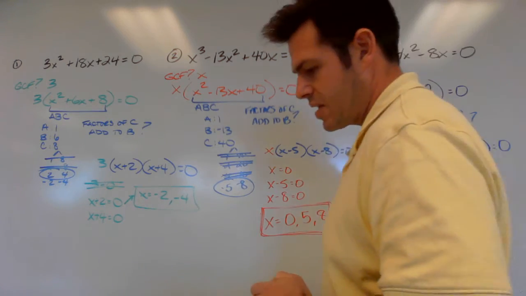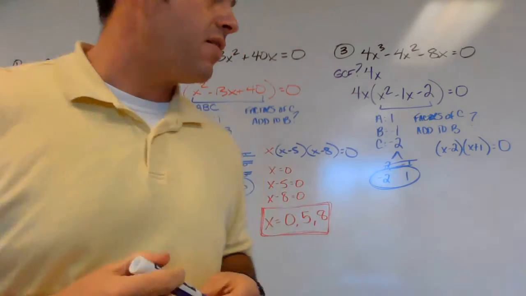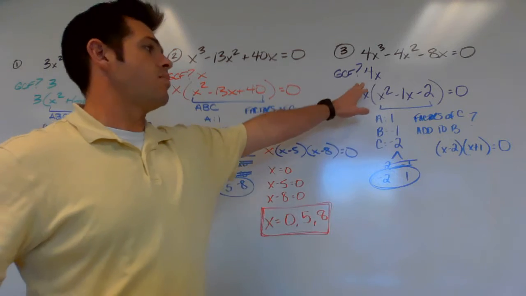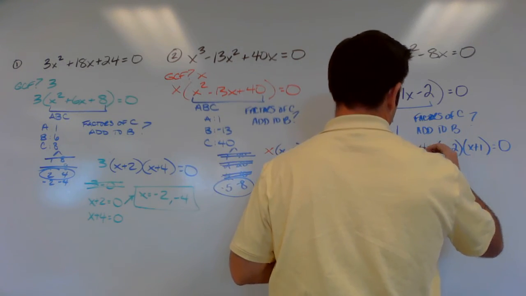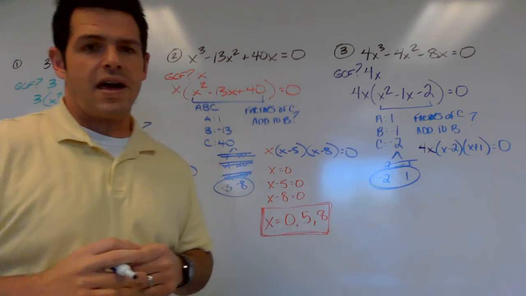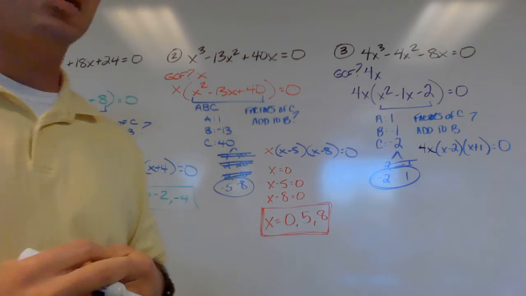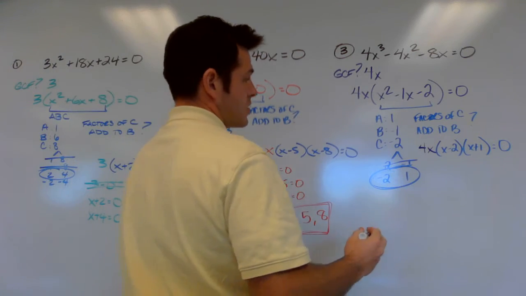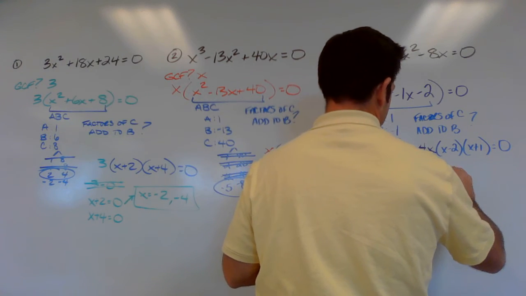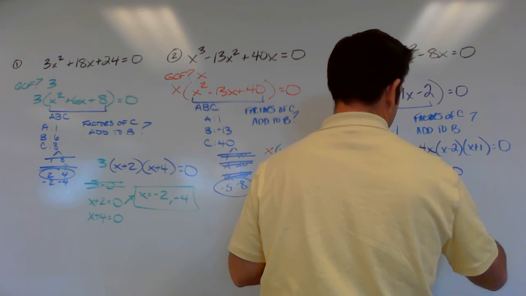Cannot forget that GCF out in the front. We started the problem with it, don't forget it. 4x is going to be out in the front here. And each of these factors will in fact be included in the zero product property, trying to figure out final solutions to this equation. So I do my ZPP.